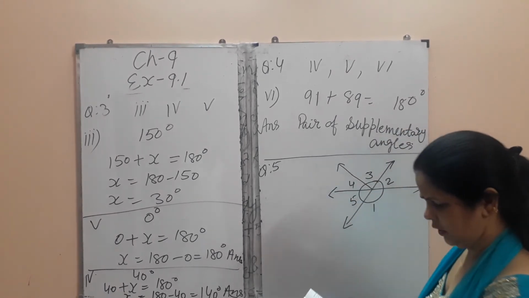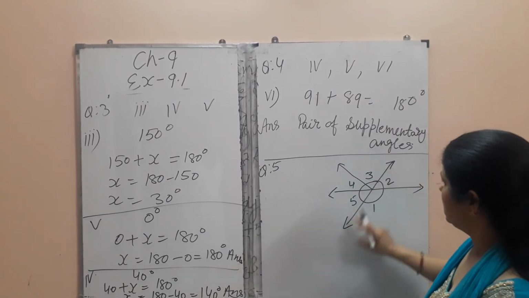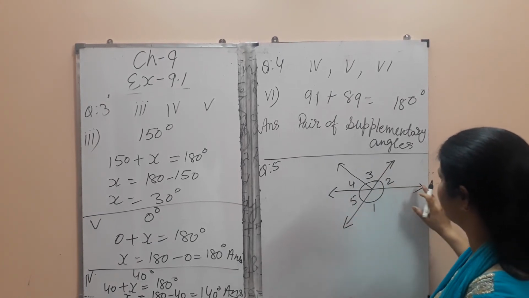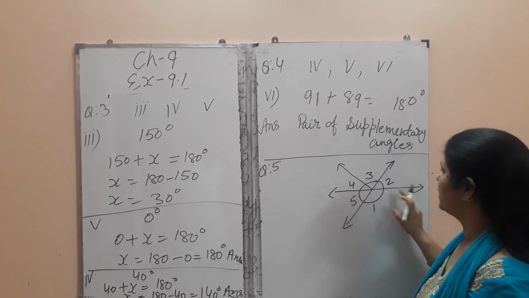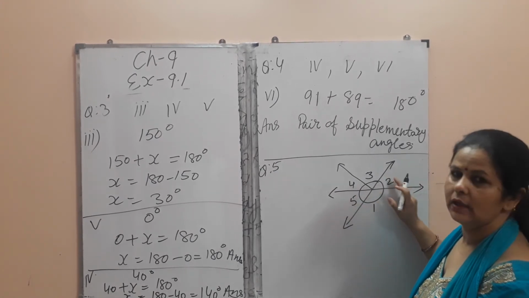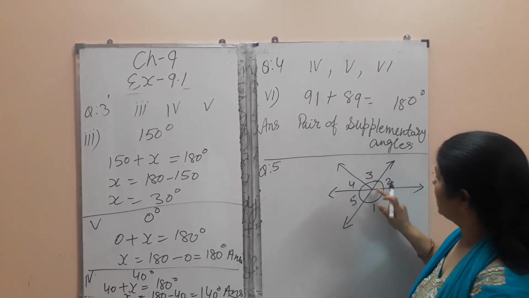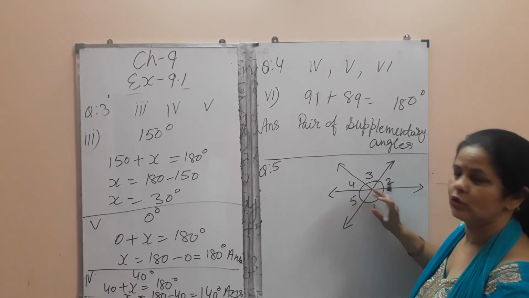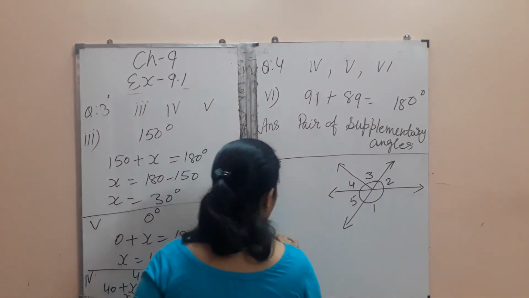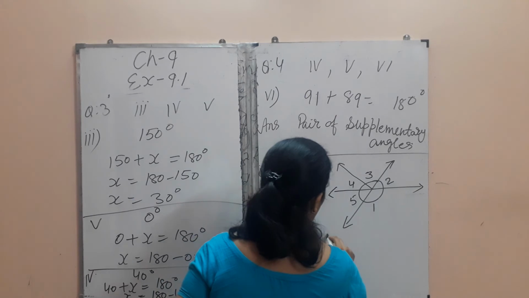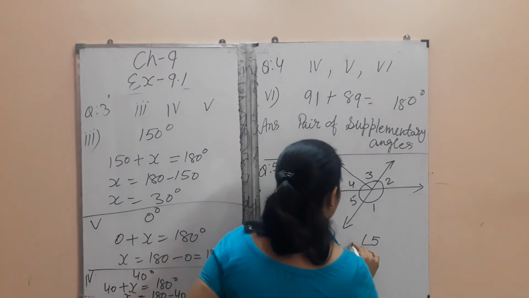In this we have to tell the vertically opposite angle pairs and linear pairs. Vertically opposite angles are opposite angles formed by two intersecting lines, by forming a cross. A pair should have only two angles, but here angles 2, 1 and 3 are there, so it cannot be a pair. So the vertically opposite angles are angle 2 and angle 5.